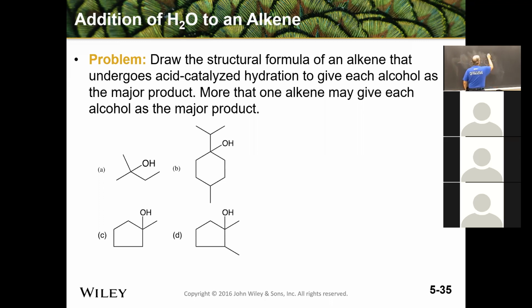We should be able to remove H and OH from these two adjacent carbons. So starting from this alkene, we can make that alcohol.